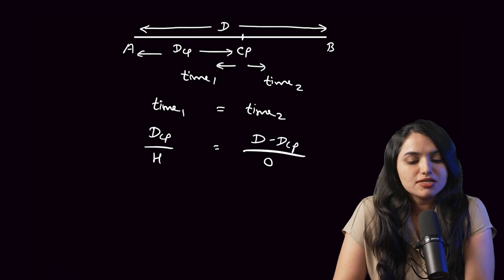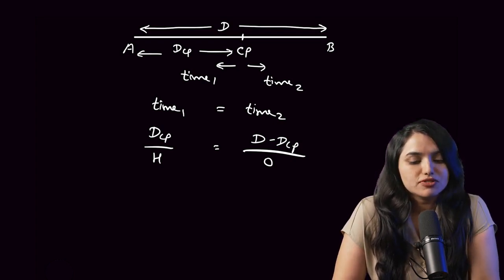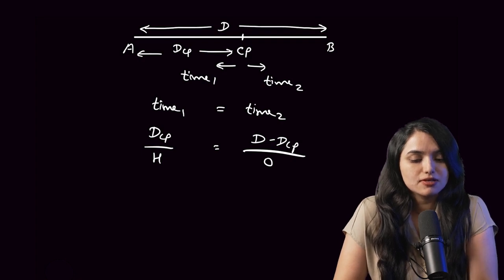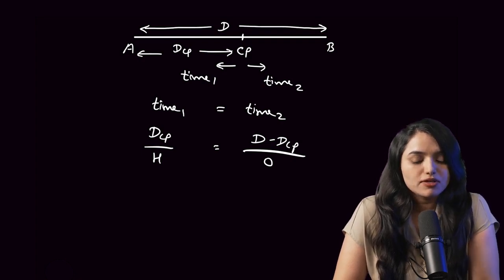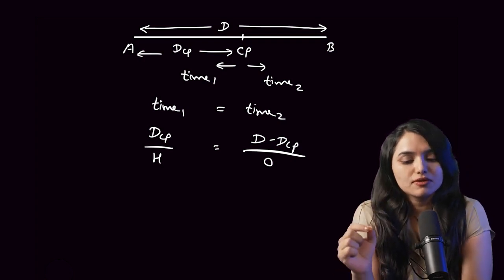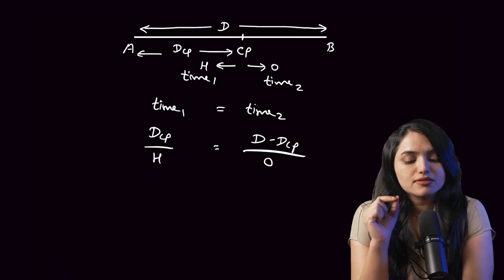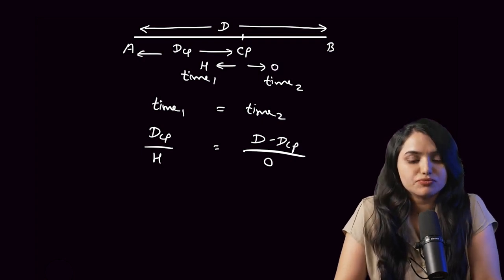So time 1 is equal to time 2, and time is distance upon ground speed. So time 1 is distance, which is DCP, upon H. H is the homebound ground speed, which is the ground speed to go from CP to A, and O is the ground speed to go from CP to B.